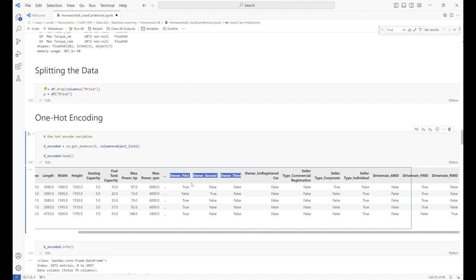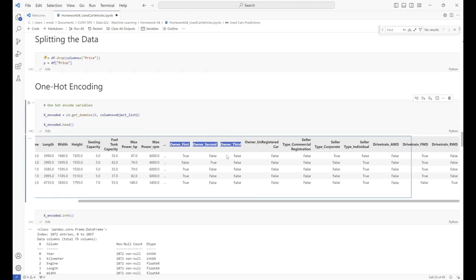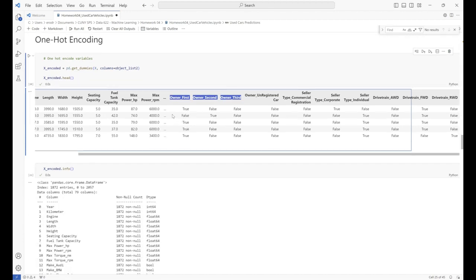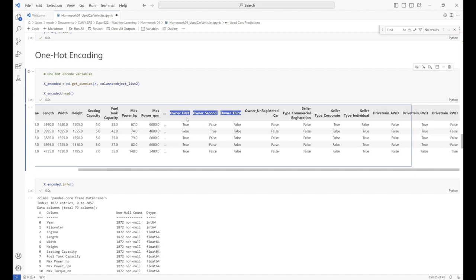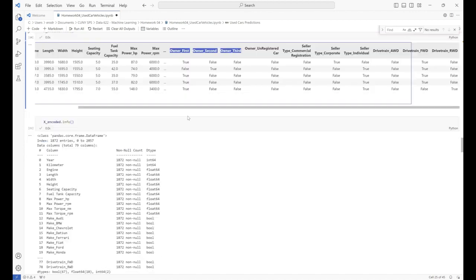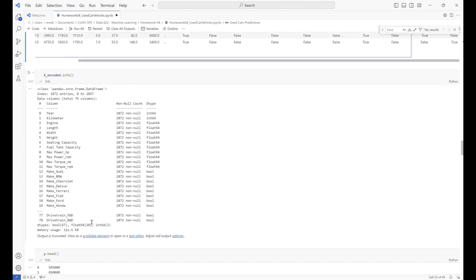What we did with the one hot encoding is separate each of those categories into its own variable so that we could have a 0 or 1 for each category within that original owner variable. So we go through that here, and then we see that our data set becomes a lot wider.